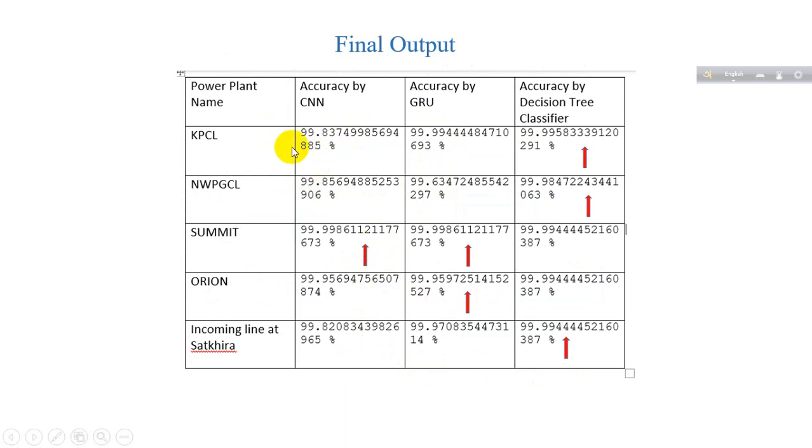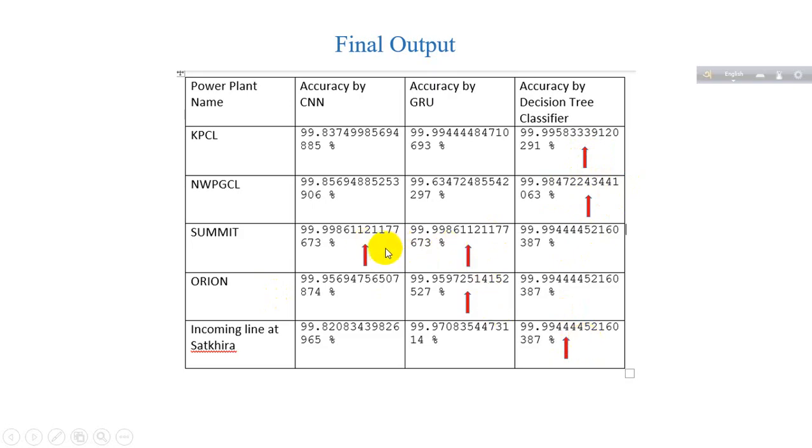After final training, this became our total accuracy rate for different models and for different power plants. Here at the end point at Satkhira, there was no power plant. We set a fault on the transmission line coming from Khulna, and here the decision tree classifier performs better.